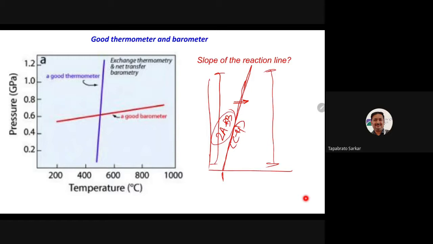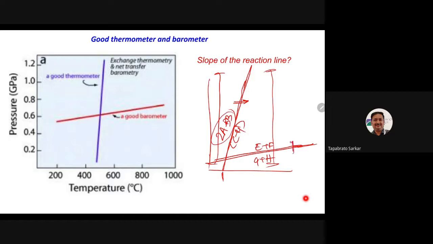On the other hand, if we have a reaction with a shallow slope, E plus F giving G plus H, is it sensitive to temperature or pressure? Sensitive to pressure. So we will be able to measure the pressure much better from this.